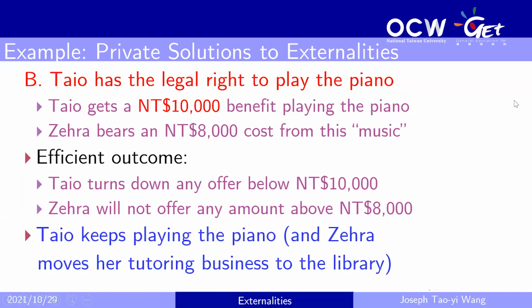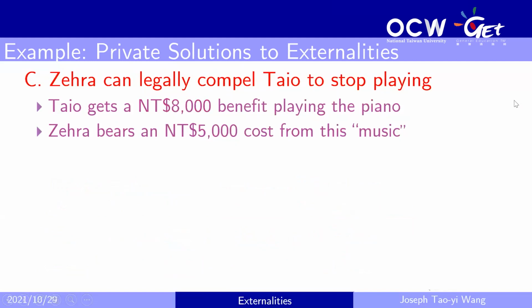That is the efficient outcome. So even without the agreement, the efficient outcome is achieved. Okay, now let's go to the last scenario. So we're back to the case where Tao gets $8,000 benefit for playing the piano and Zara bears a $5,000 cost for this noise.